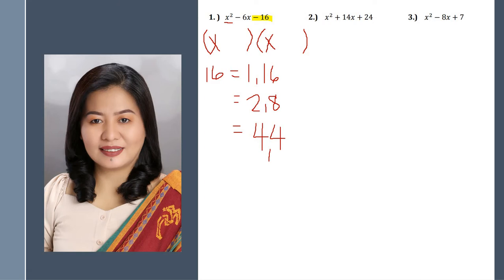We continue by asking ourselves again, when we subtract 1 and 16, will that give us 6? No, it can give us either a positive 15 or a negative 15.